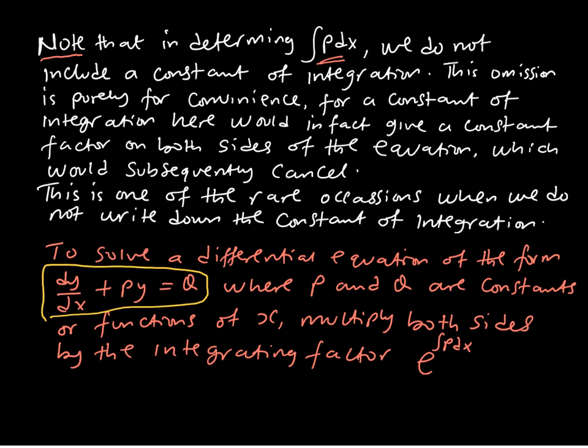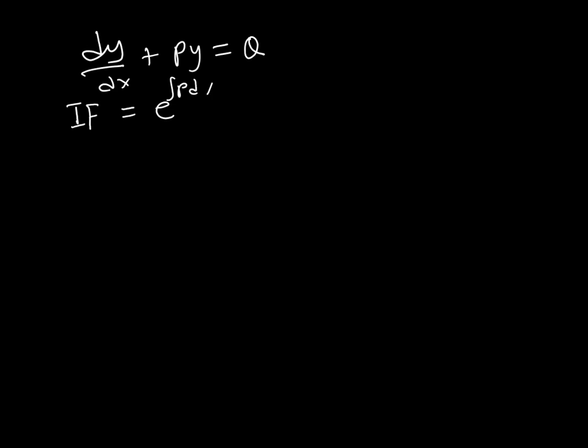Let's keep summarizing this for purposes of reference and future use. So this is the general result. Let's summarize it and then we start solving some problems. We said dy by dx plus py equals q. The integrating factor is e to the integral of p by dx.